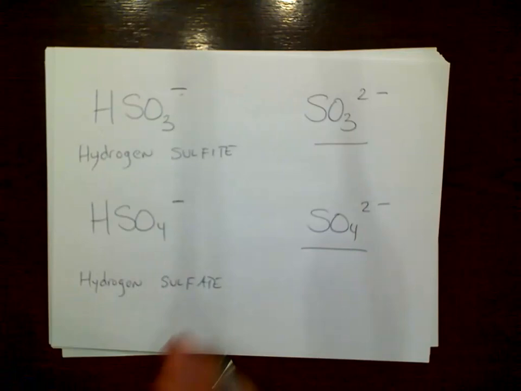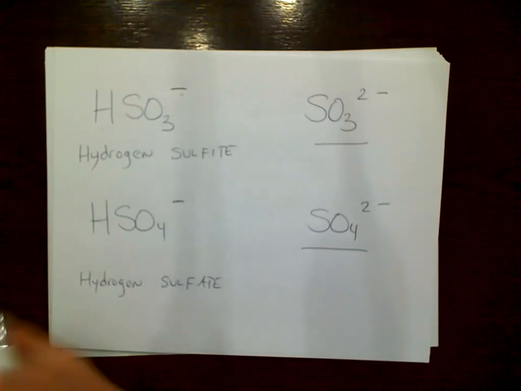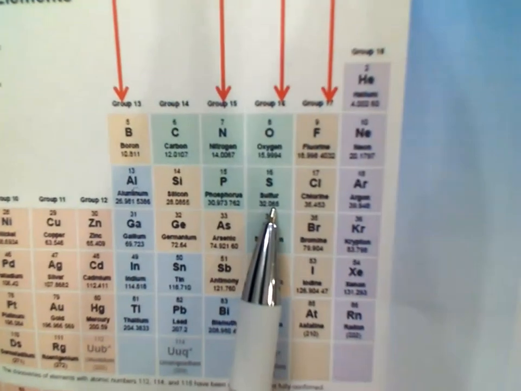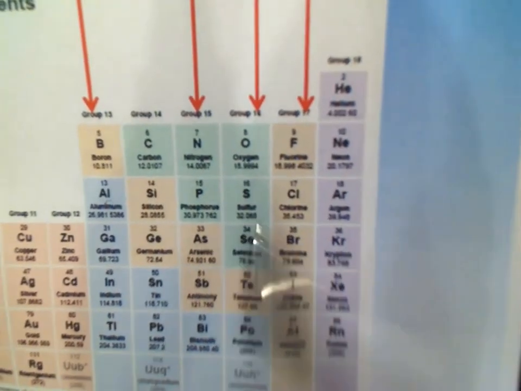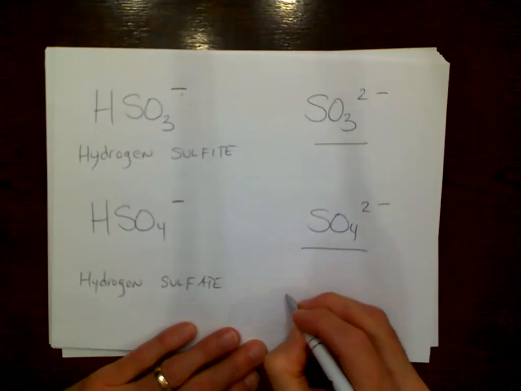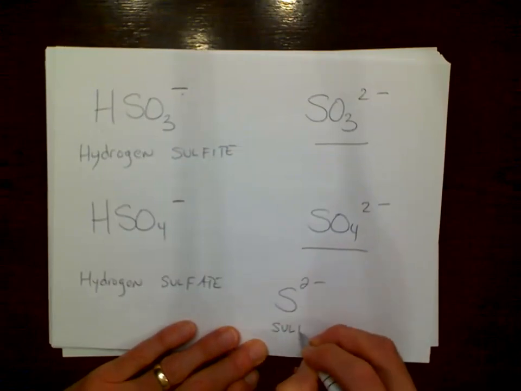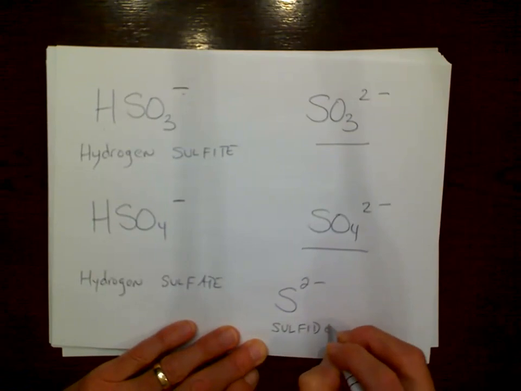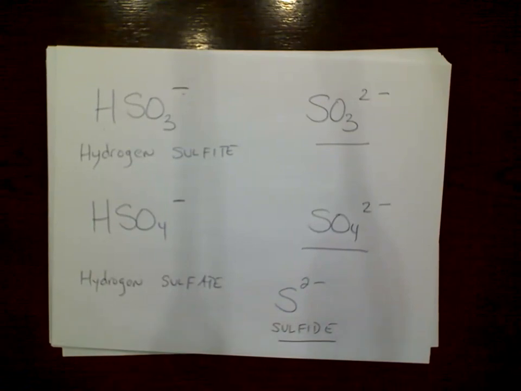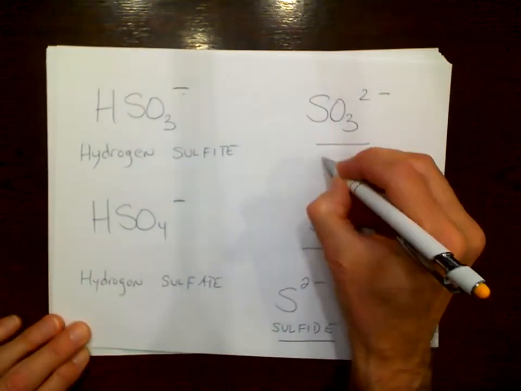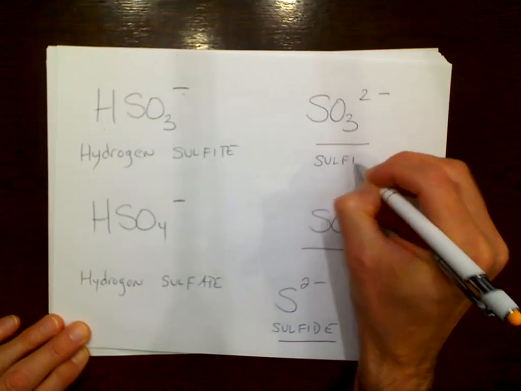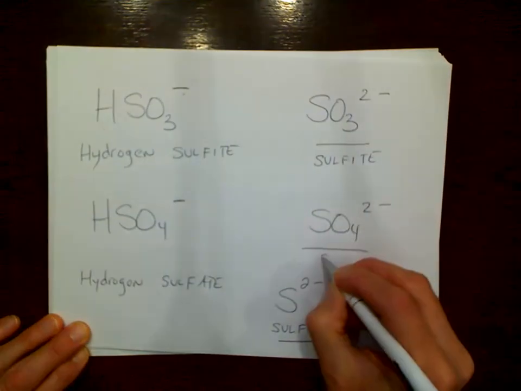And just to show you the language that you're going to have to get used to, if we have just a single monoatomic ion that's formed from sulfur, that's S2 minus, and that becomes sulfide. So just giving you an idea here of all the different names that you're going to need to know.